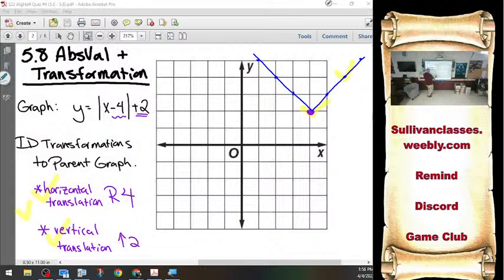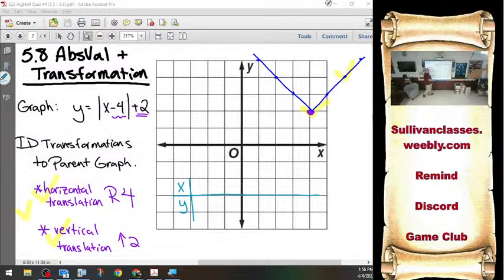The other way would be by table. Now again, you still have to have your transformations, but if you graphed by table, that is also okay. Where you would have put in numbers, and they should have been enough to actually see the entire graph. We know these are V's. That's the whole purpose of it.